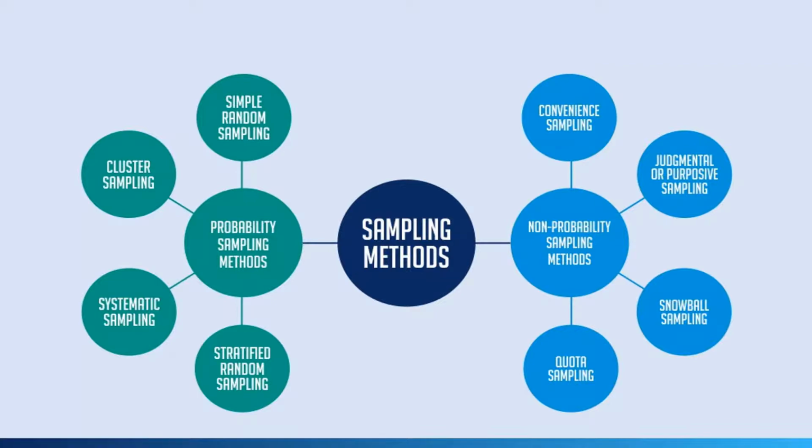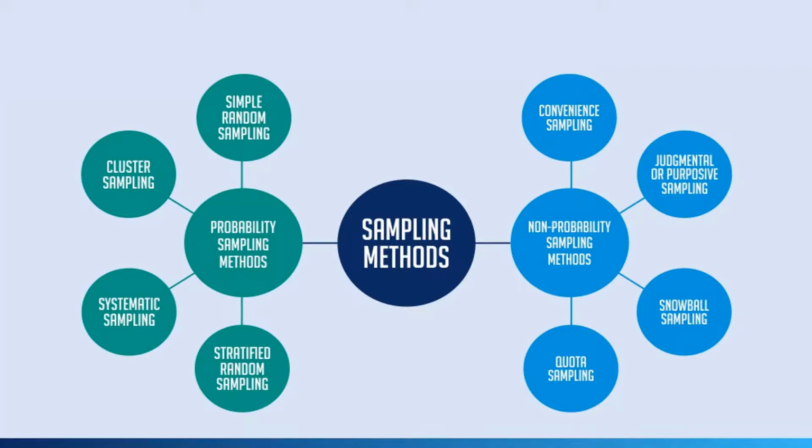In stratified random sampling, from each group or strata, you will have a sample, but the sample should be chosen using simple random sampling.